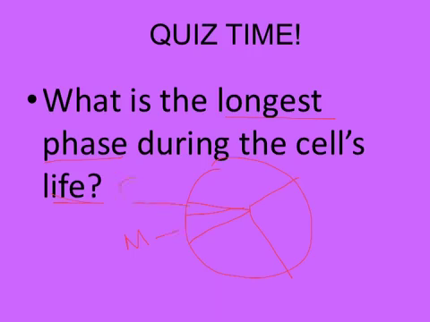This one was cytokinesis. And then you had G1, S, and G2. And all 3 of these were called something. What phase was that called? If you said that that was called interphase, then you're right. Okay, that is interphase.